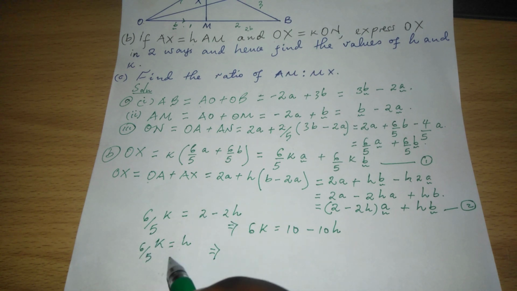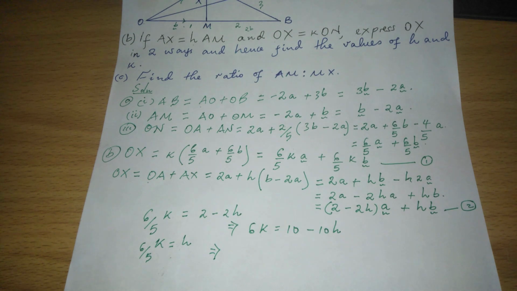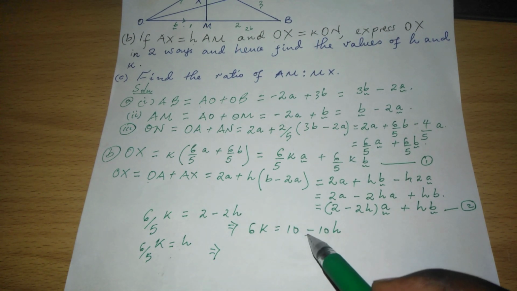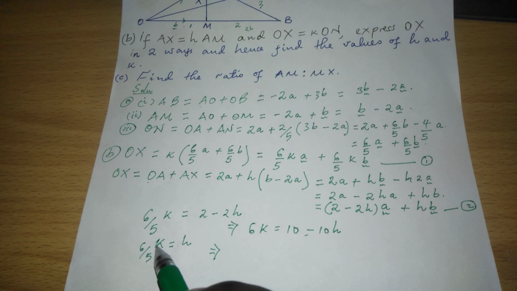Okay, so we can solve this equation and this one using the substitution method, whereby instead of H in equation 1 we can have 6 out of 5K.